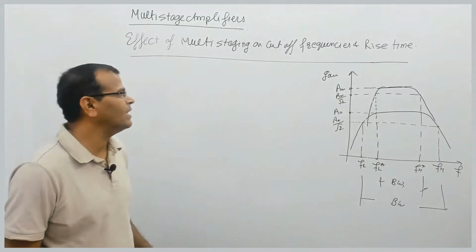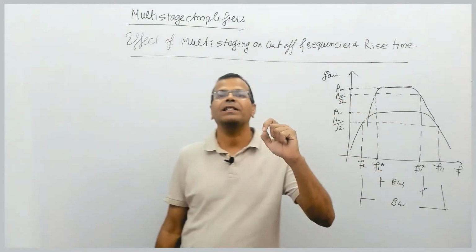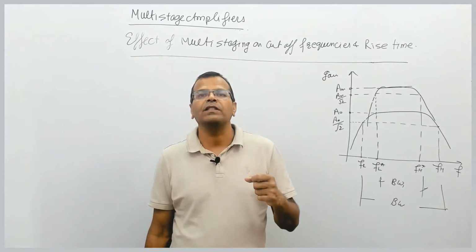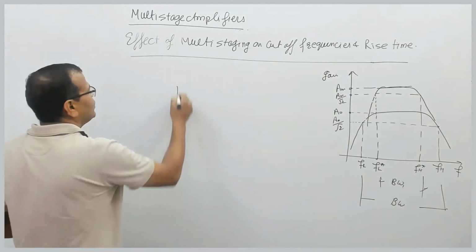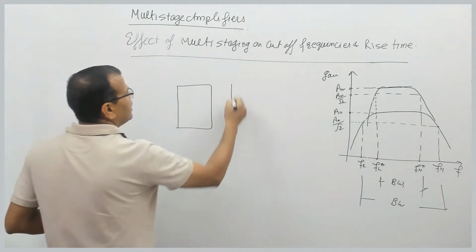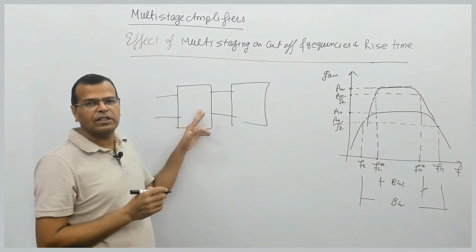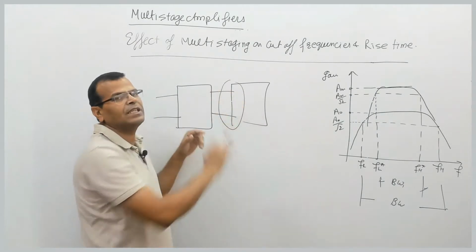Fine. But interestingly, why is it happening so? Because in case of multistaging, when you talk about the cutoff frequency, this is one stage, this is the next stage. So when you calculate the cutoff frequency for this, I have to consider the capacitances of the next stage as well.